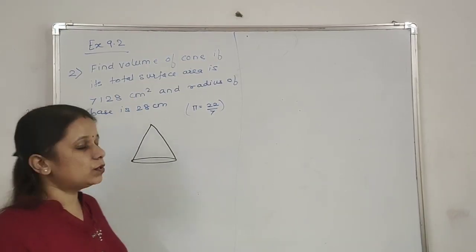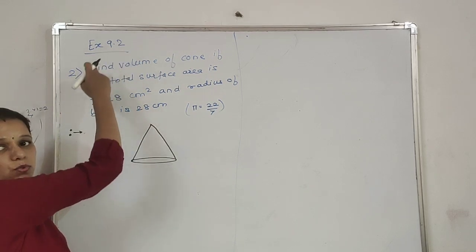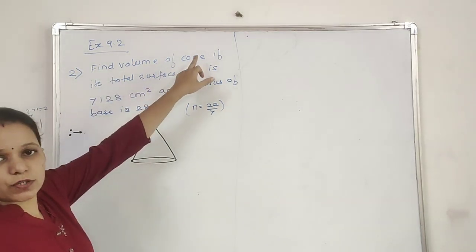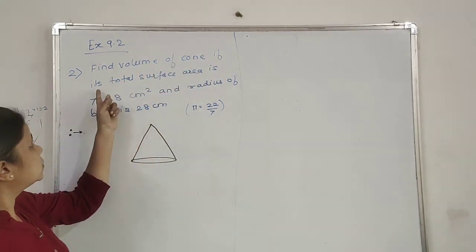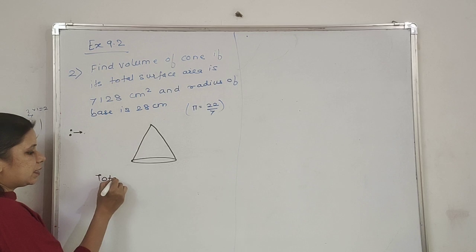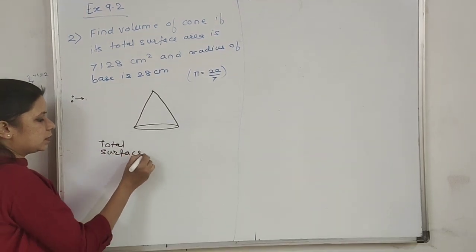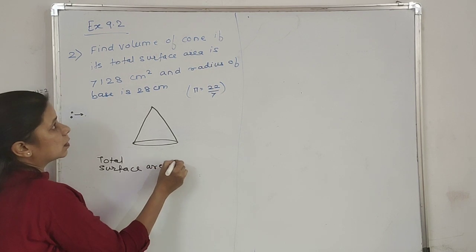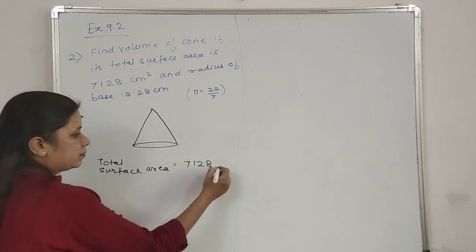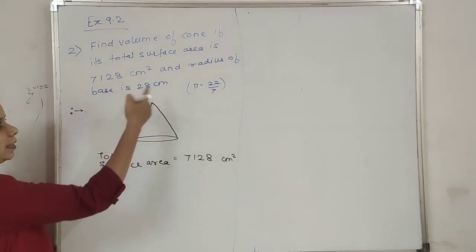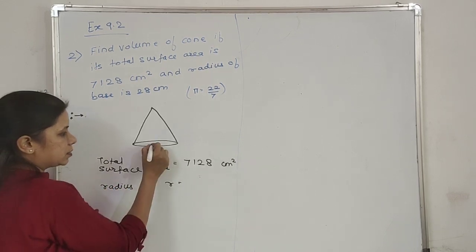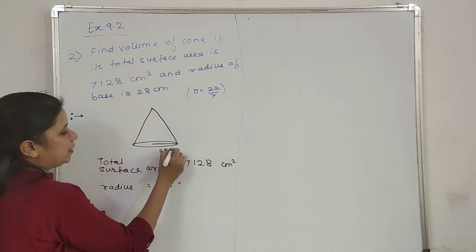Now we will go to practice exercise 9.2, question 2. I'll just read out question 2. Find volume of the cone. If this is a cone, total surface area is given as 7128 centimeter square, and radius of base R is given as 28 centimeter.